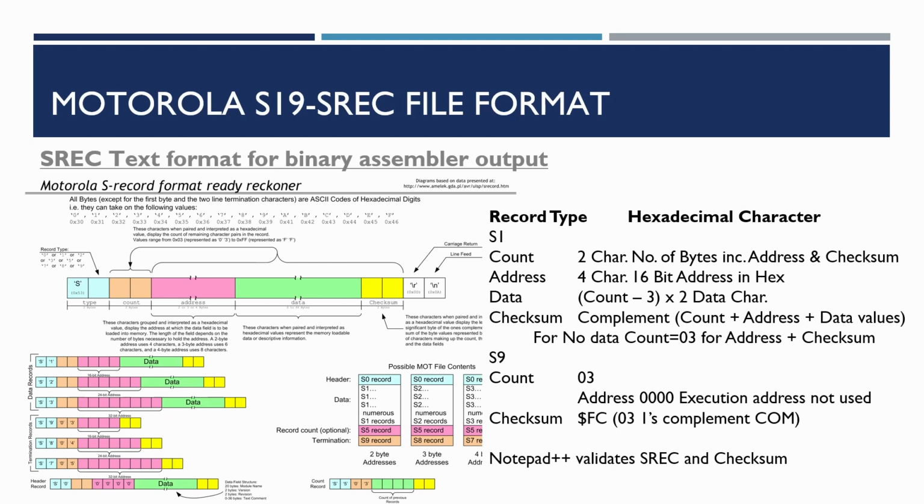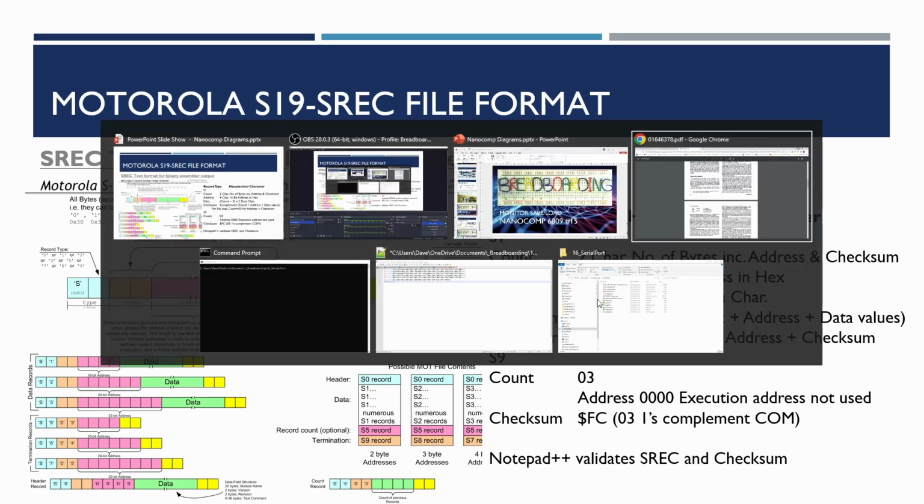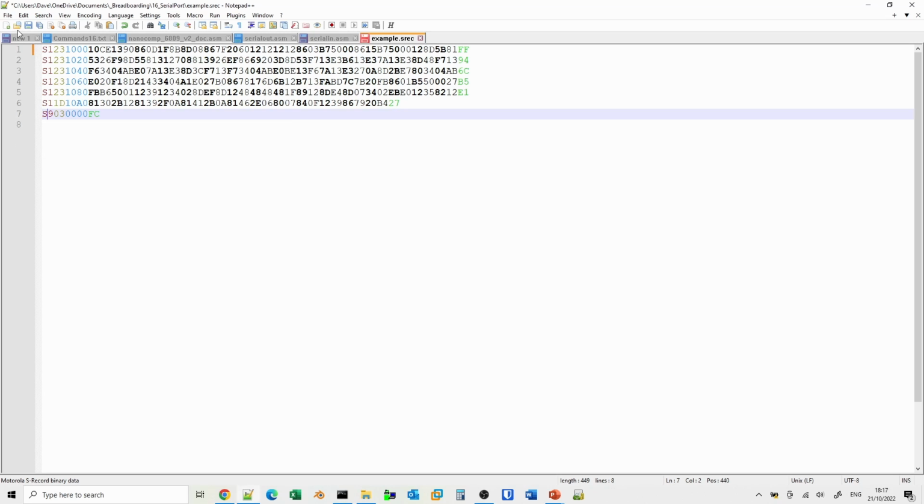Now, one of the other interesting things is that Notepad++ also can validate SREC files and validate the checksum, and I'll just show you that. So if we go to a sample I've got here, we see that we've got S1 all the way down to S9, and we can see there's a checksum there.